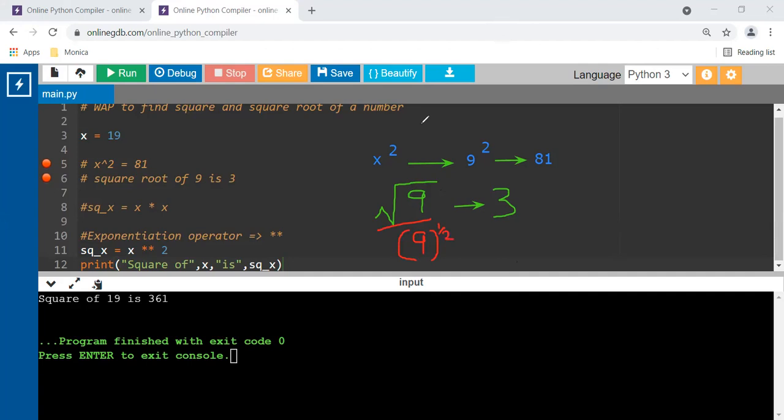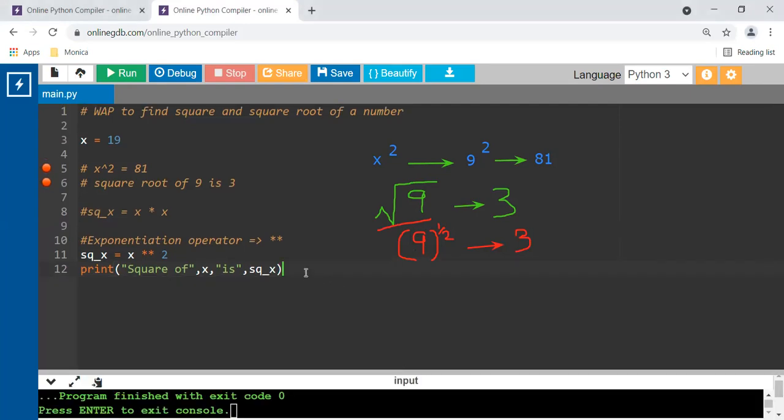Yes. The answer still remains same. It will be 3. 9 raised to half is also 3 because it's just an equivalent way of representing the square root symbol. So keeping this concept in mind, we can now simply write its equivalent expression in Python.